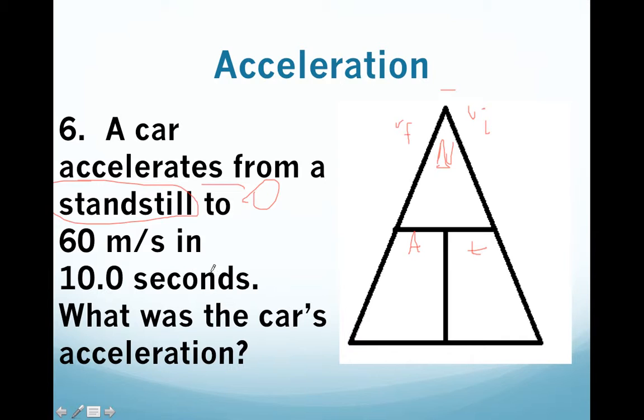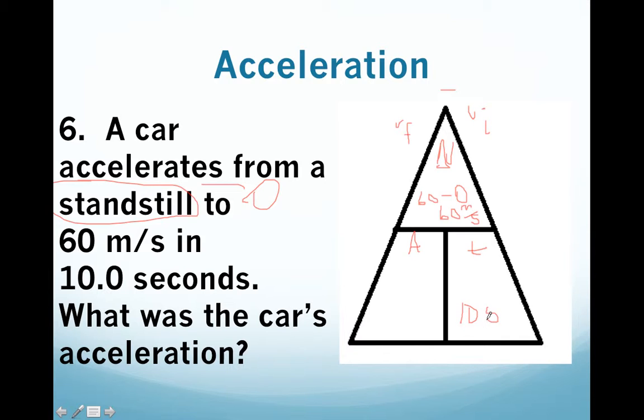You've heard those in the car commercials, of a car driving from 0 to 60 in so many seconds. So on here, my final is 60, my initial is 0, so 60 minus 0 is 60. And this one is meters per second. Now my time is 10 seconds, so I'm going to write 10 seconds down.